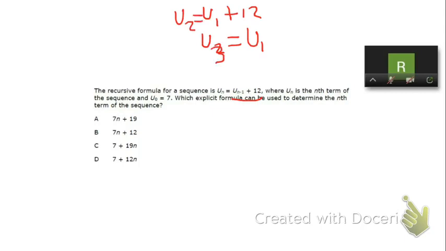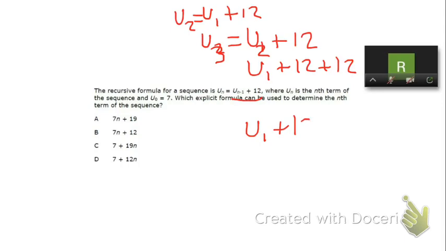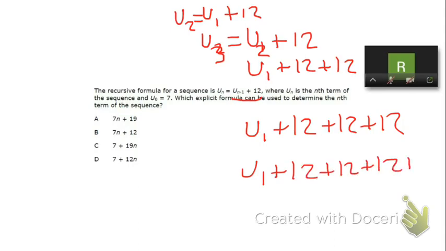U3 is just the second term plus 12. Remember, the second term is U1 plus 12 plus 12. The next one is going to be U1 plus 12 plus 12 plus 12. Next one is going to be U1 plus 12 plus 12 plus 12 plus 12.